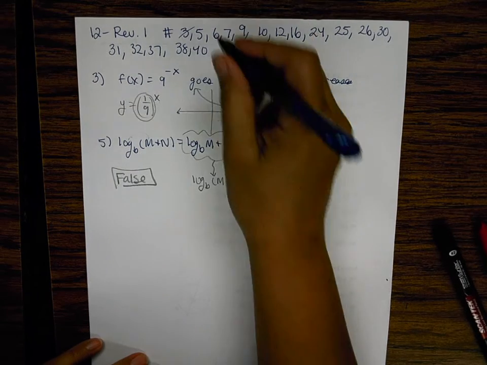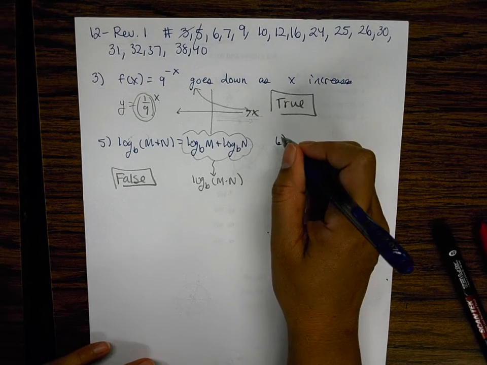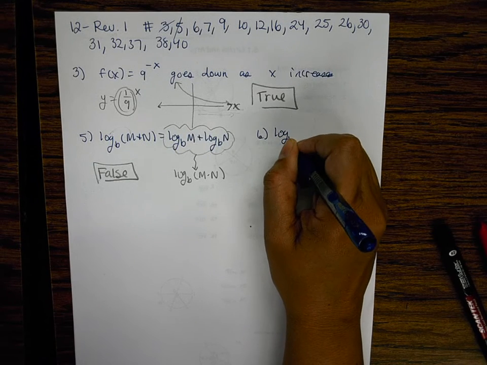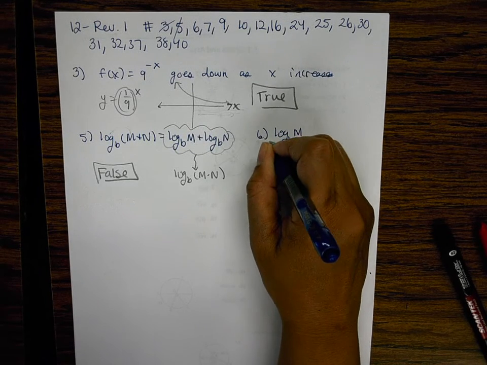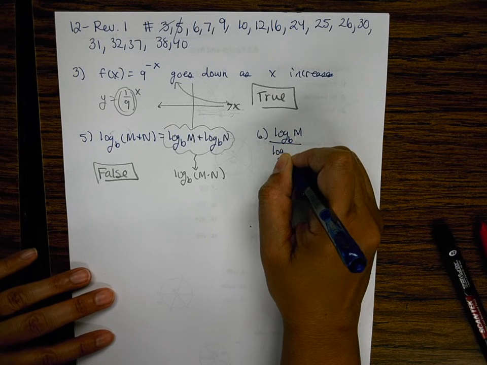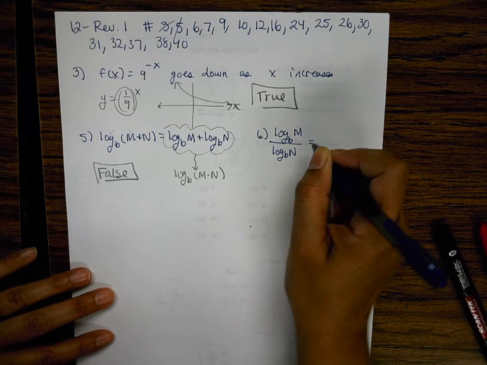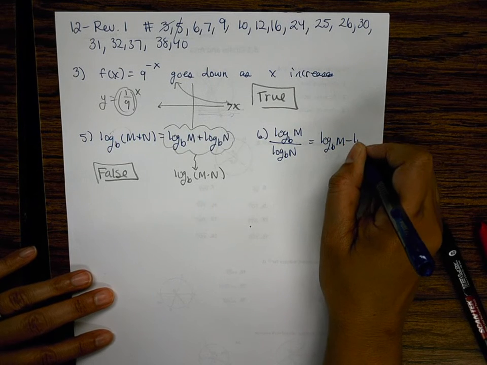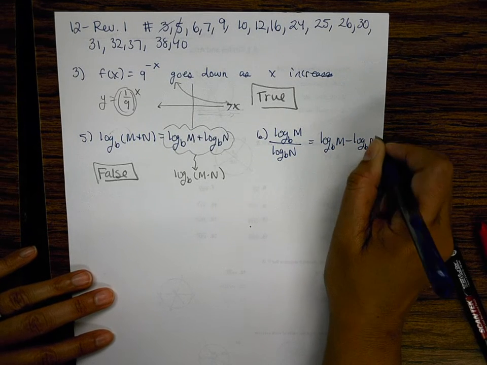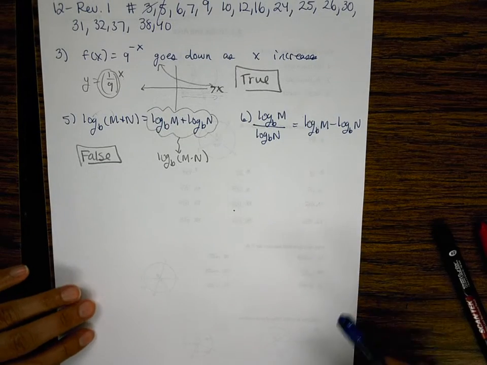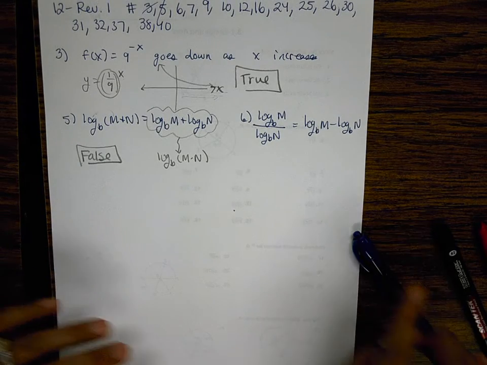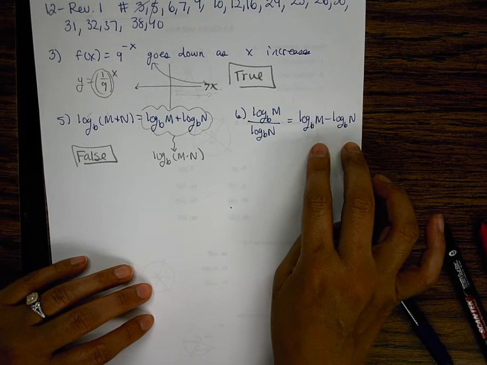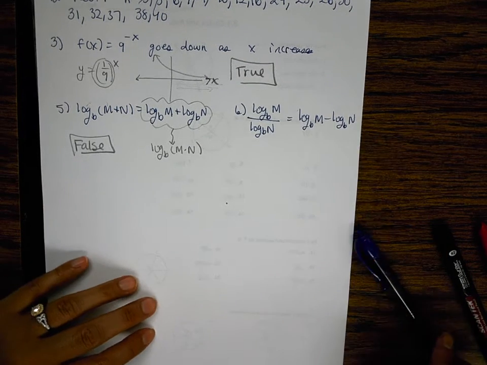False. Okay, number 6. Number 6 reads log base b of m over log base b of n equals log base b of m minus log base b of n. Okay, so when I have subtraction, subtracting two logs at the same base, do I change it to a fraction?